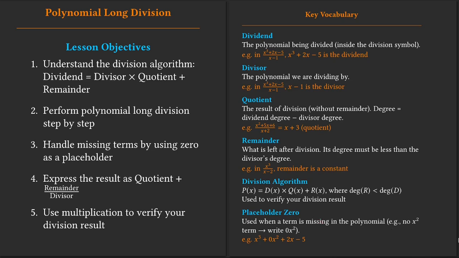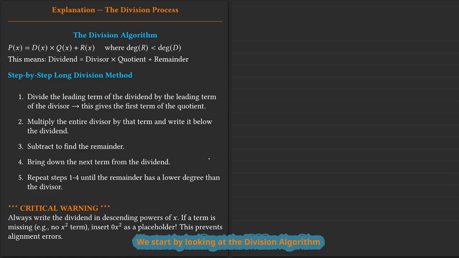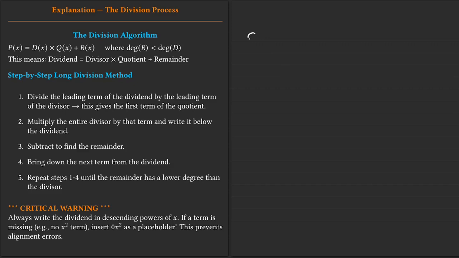Without much ado, let's quickly go into the lesson. Talking of the division algorithm. If you have a divided by b, now if we divide this using our long division, we always put our b out here and then the a in there.